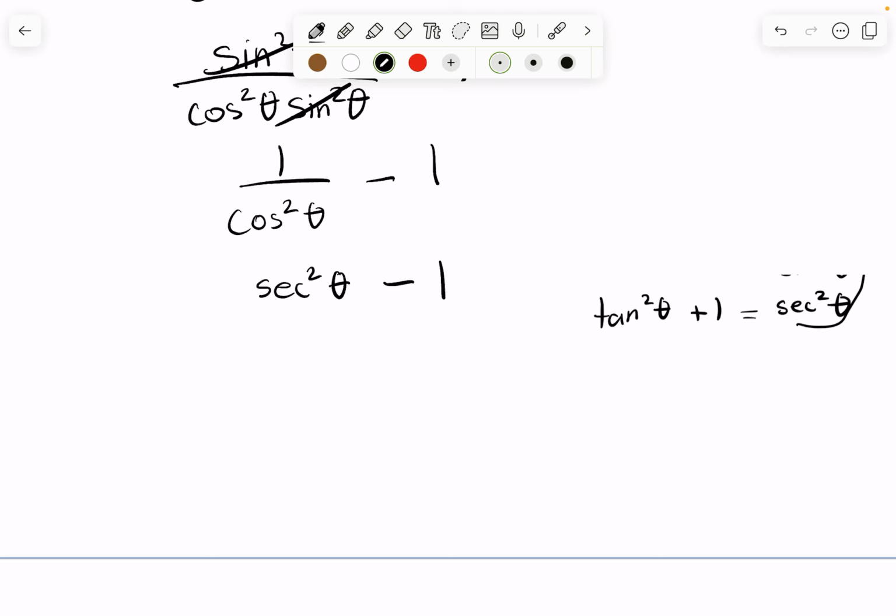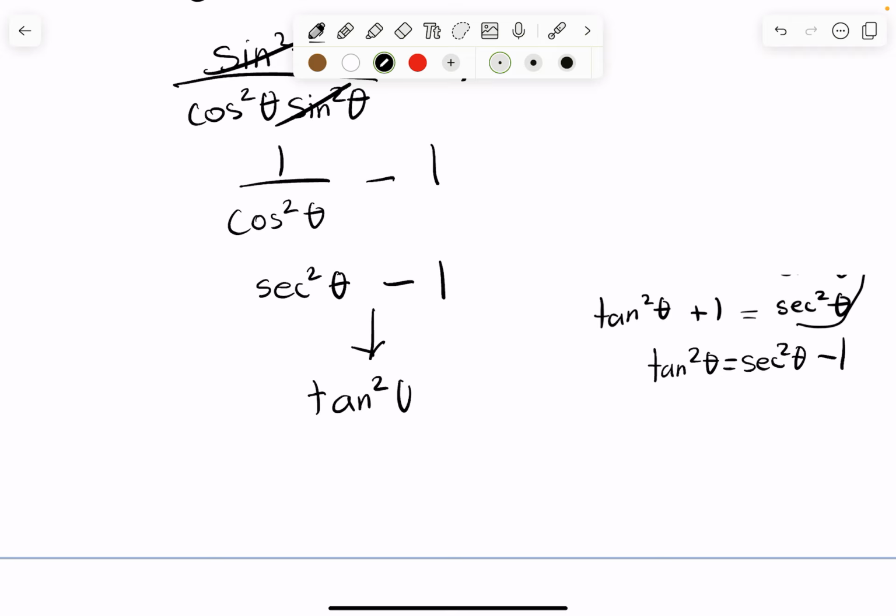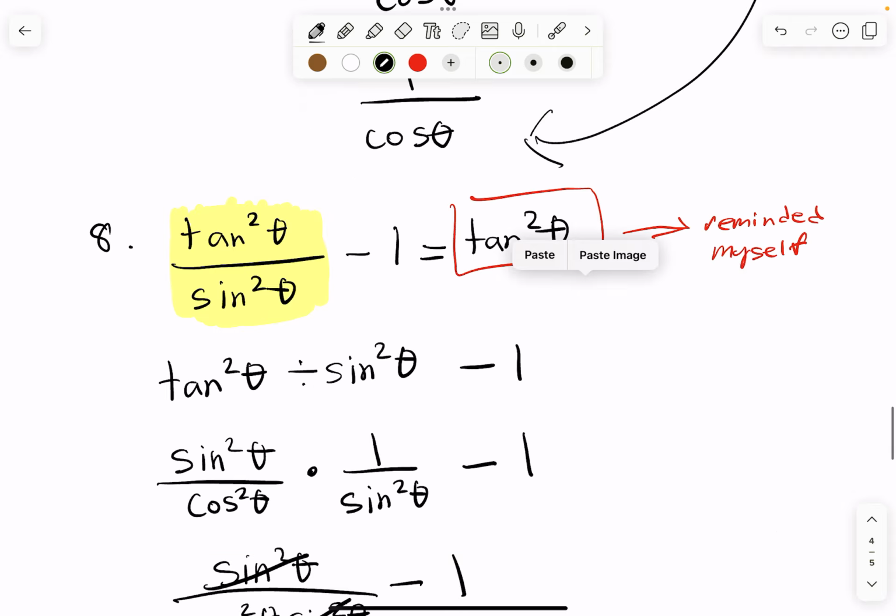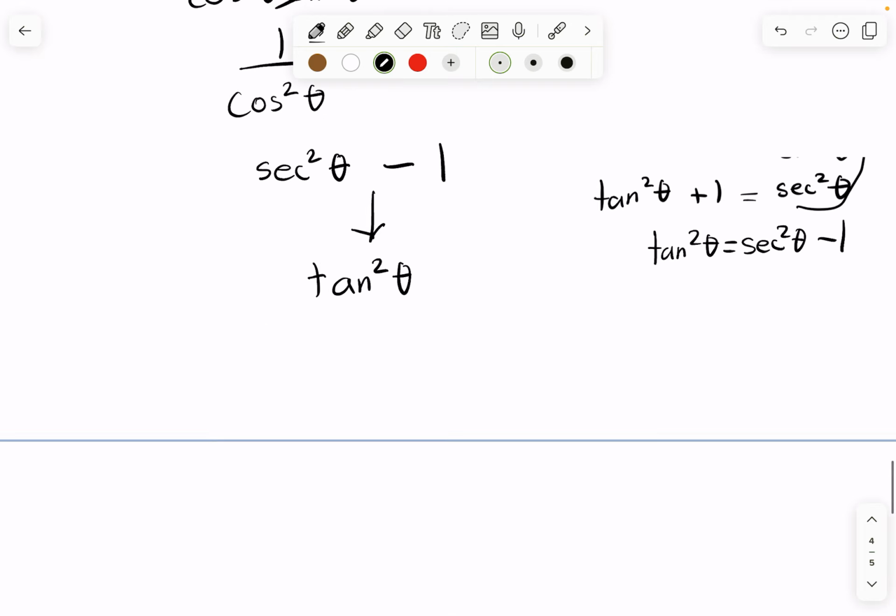So if I rewrote this, tangent squared of theta equals secant squared of theta minus 1. So this is equivalent to tangent squared of theta, which is what we wanted. And that one worked out pretty nice.